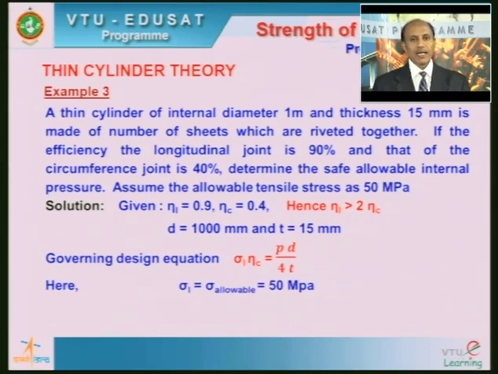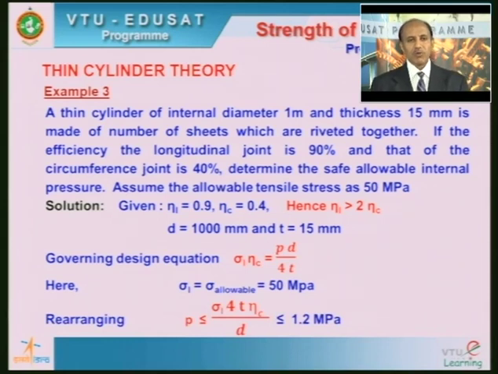We want to calculate the safe permissible pressure. Rearranging, the safe pressure P is less than or equal to sigma L into 4 times eta C into T divided by D. You know all those parameters; substitute and you get 1.2 megapascals. That is the maximum pressure we can have. The pressure has to be less than that to keep the stress below 50 megapascals.